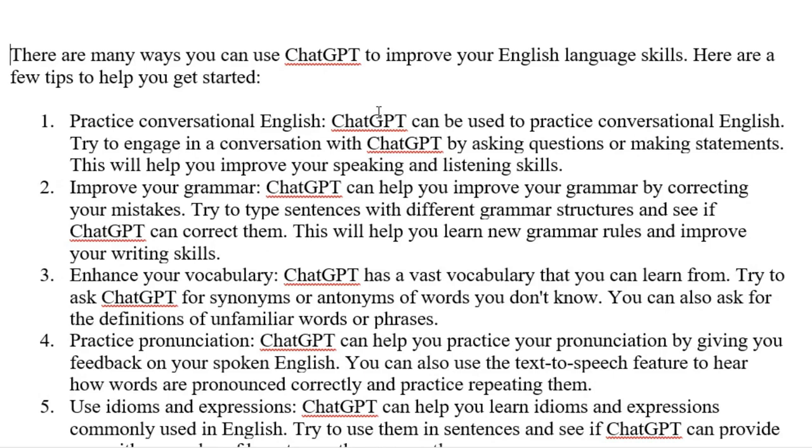So we are just focusing on how we can improve English language skills with ChatGPT. ChatGPT is basically a software on which you can put your query and ChatGPT will answer that query for you. You can just write in simple English sentences and it will give you a professional answer. And if you click on the regenerate button, it will regenerate the answer for you.